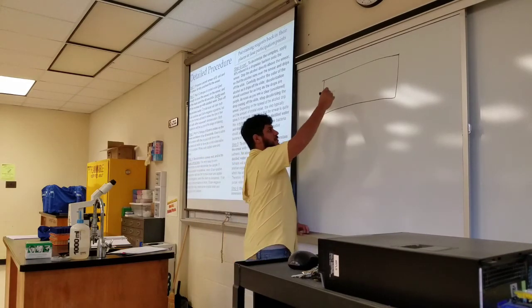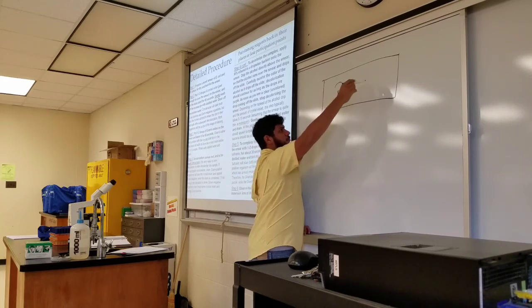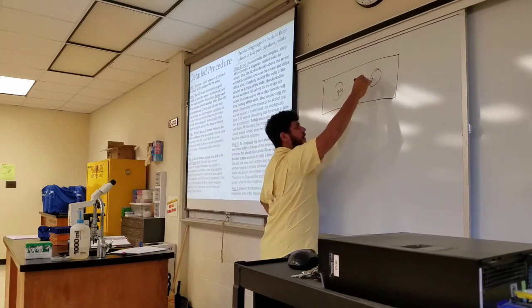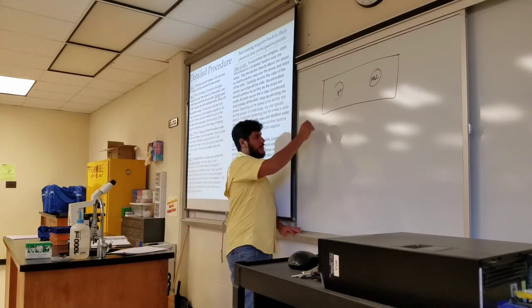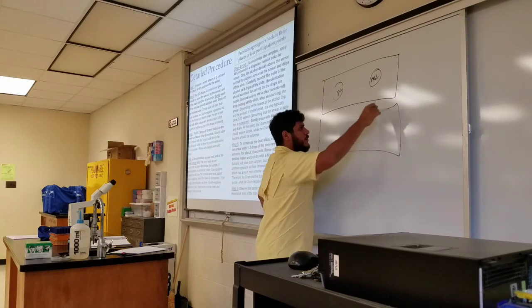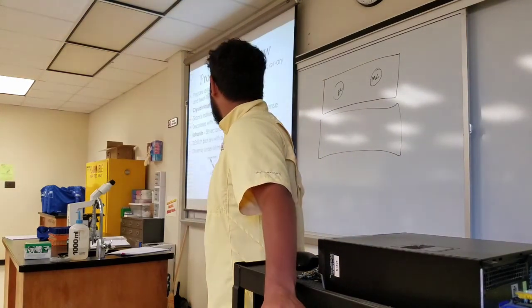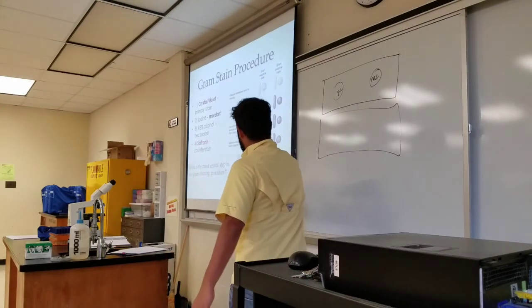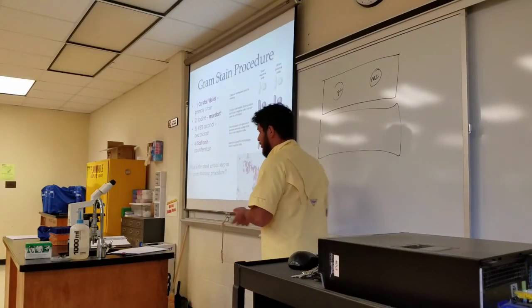It will ask you to do a smear of E. coli on one side of your microscope slide and a smear of Micrococcus luteus on the other side of your slide. Now what I would like you to do is to produce an image that looks a little bit more like the photograph that we see right here, where you can see both gram-positive and gram-negative bacteria together.